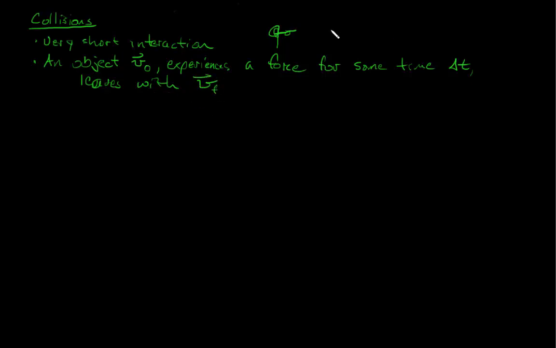Right, so you have some initial velocity, experience a force, and have some new velocity. Even if it's the same magnitude, it's still opposite in direction. But we'll do two-dimensional later in the level.